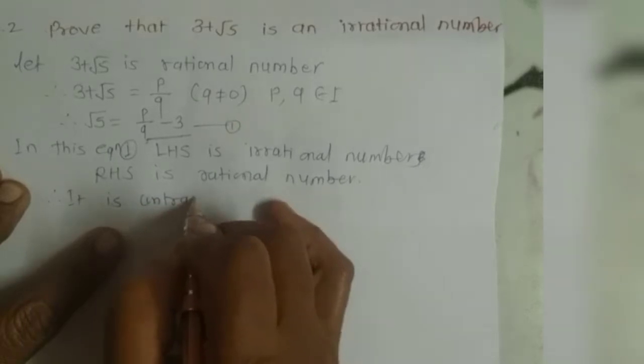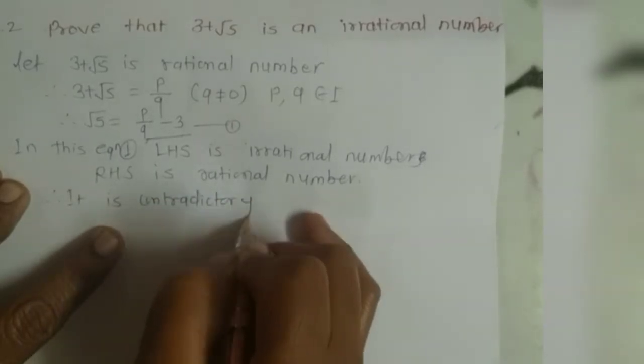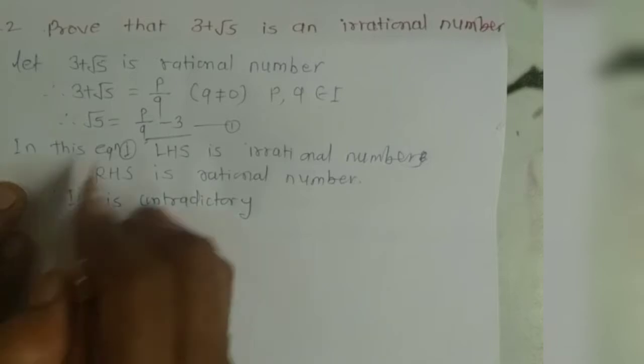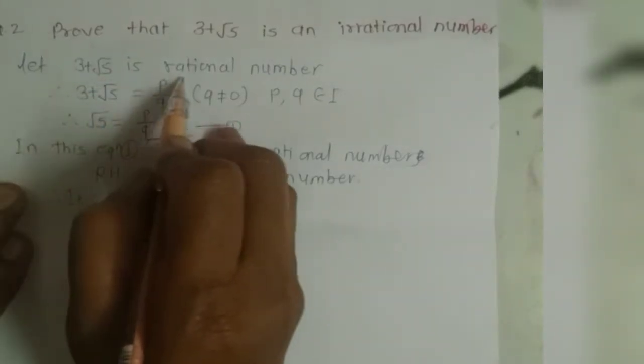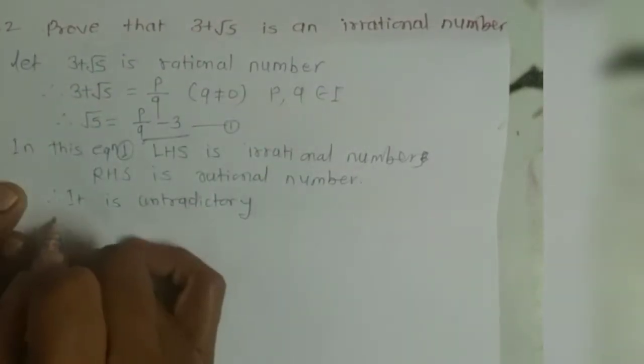Due to this contradiction, our assumption, what we assumed here, that 3 plus root 5 is a rational number, is wrong. Therefore in the next step we write that the assumption 3 plus root 5 is a rational number is wrong.